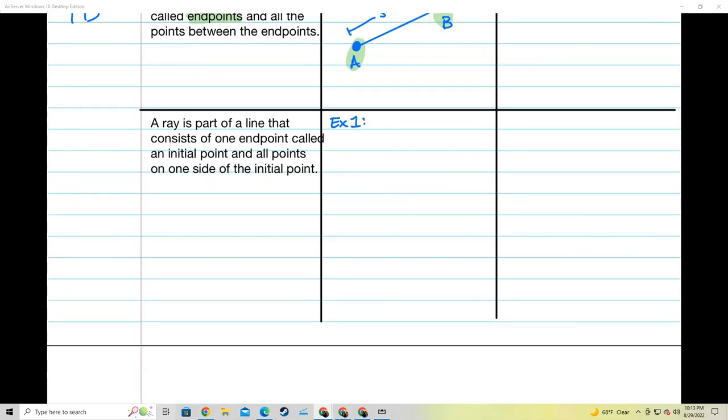And I'm going to go ahead and draw a ray that's going like this. And we're going to go ahead and include these points on that ray. And then I'm going to show you another ray that looks like this. This is going to be example 2. It's going to look very similar with just a couple of adjustments.